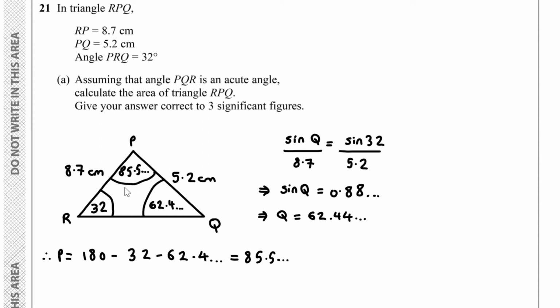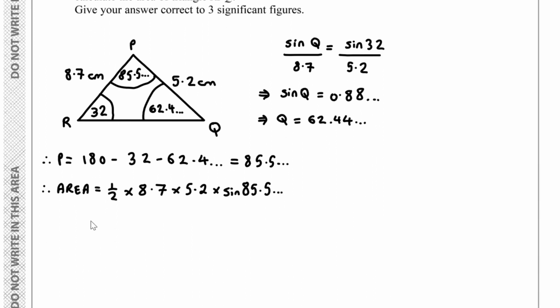Okay, so now we have an angle in between two lengths, and therefore we can find the area. The area will equal 1/2 times 8.7 times 5.2 times the sine of 85.5, etc. So we can find out the area.